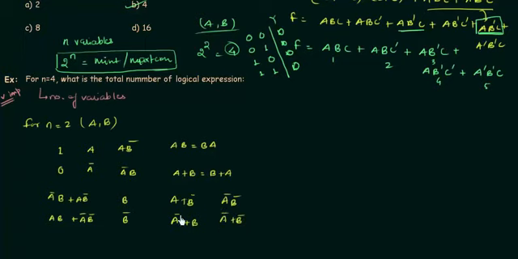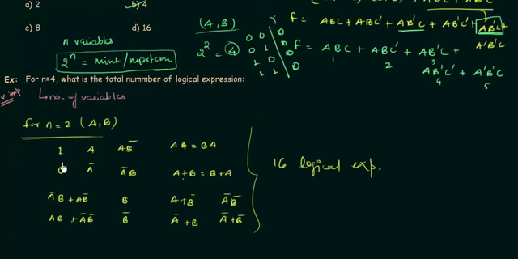So these are the possible logic expressions that we have from the two variables, and let's see the number of logic expressions that we have. 1, 2, 3, 4, 5, 6, 7, 8, 9, 10, 11, 12, 13, 14, 15 and 16. So in total we have 16 logical expressions for two variables.